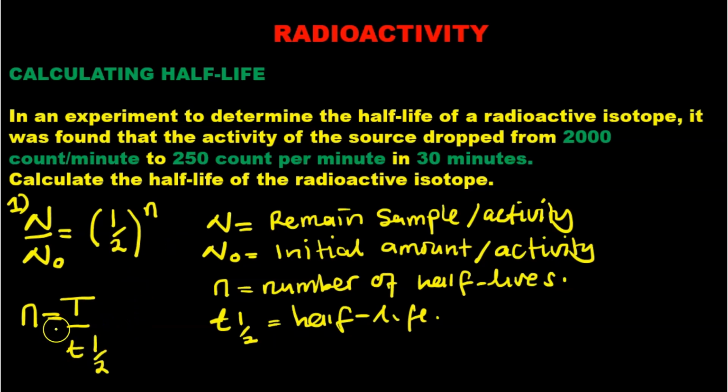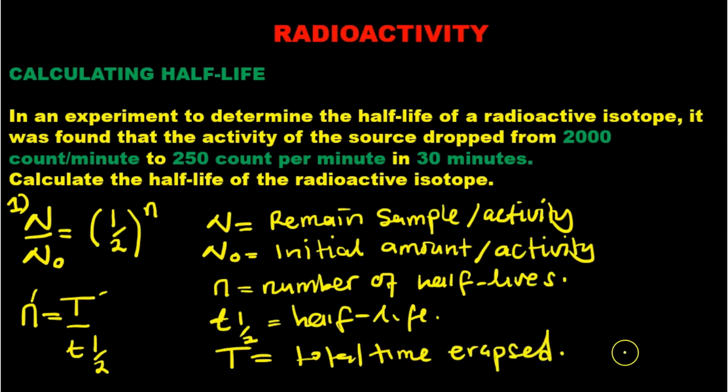For us to apply this formula, we need n and of course big T, which is the total time elapsed. When we have the total time that elapsed, and of course we have n, we can now calculate the half-life.